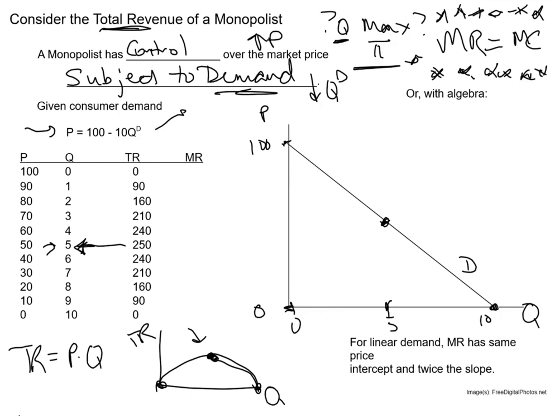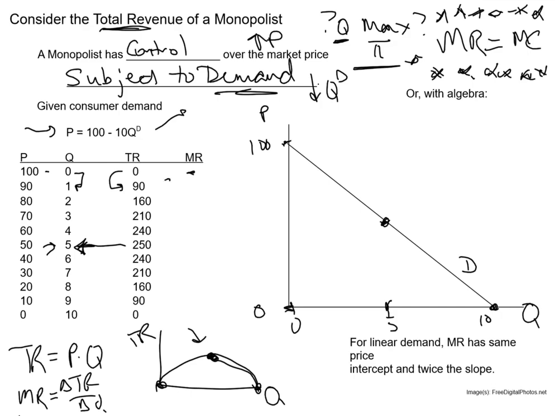Next, the next column is marginal revenue, right? If you recall, marginal revenue is the change in total revenue divided by the change in quantity. So I'm going to do the long version of this. We don't define it for the first unit, but for the second unit, we go from a quantity of 0 to 1. Total revenue went from 0 to 90.